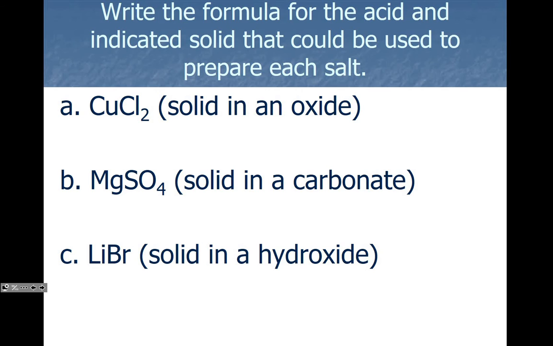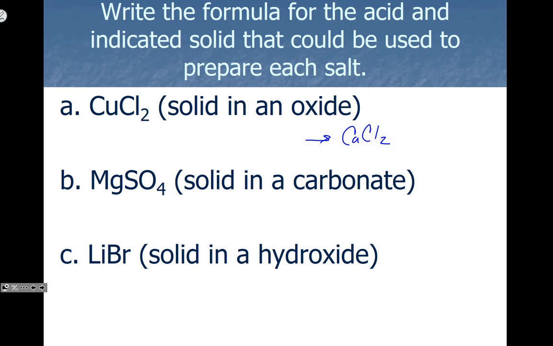Now we need to be able to say how we're going to be able to make these salts. So I am trying to make calcium chloride. I need to use the information that we did before to be able to figure out how I'm going to make it. We need to state what acid we are going to use and what oxide.